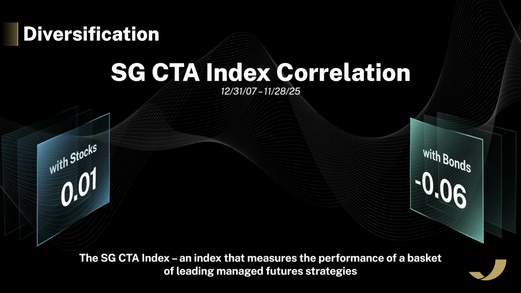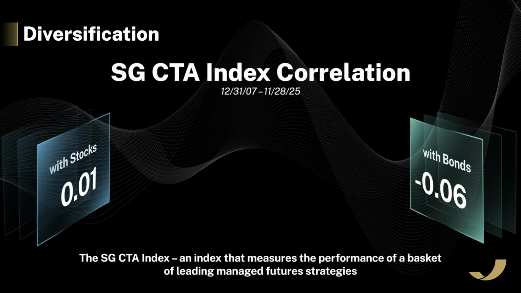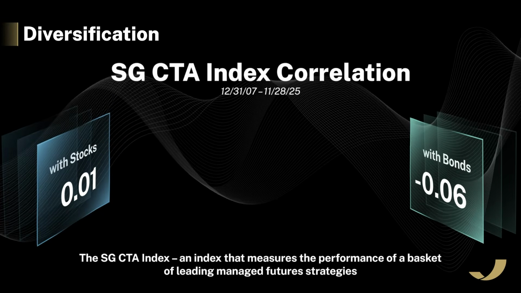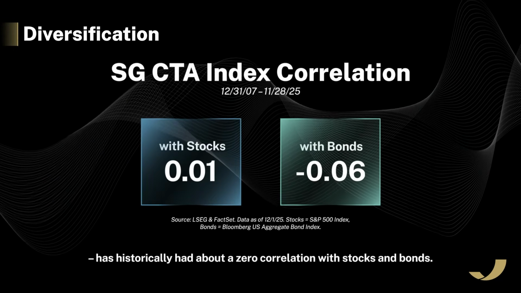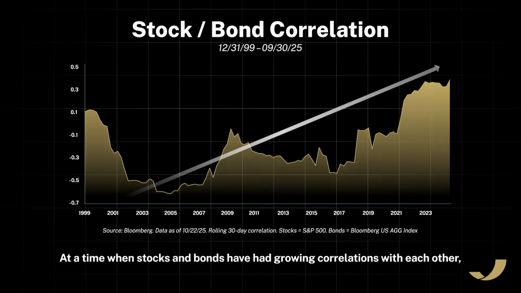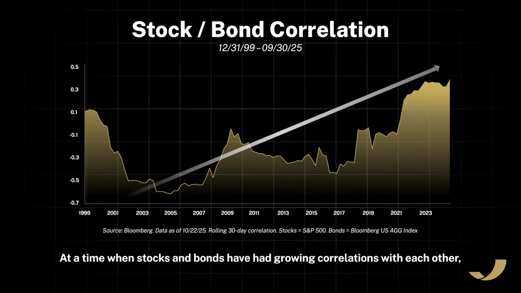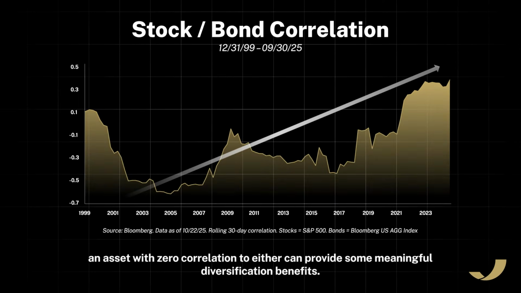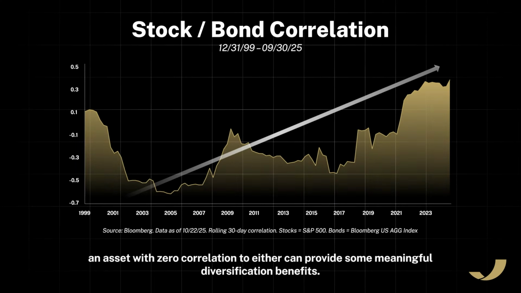The SG CTA Index, an index that measures the performance of a basket of leading managed futures strategies, has historically had about 0 correlation with stocks and bonds. At a time when stocks and bonds have had growing correlations with each other, an asset with 0 correlation to either can provide some meaningful diversification benefits.